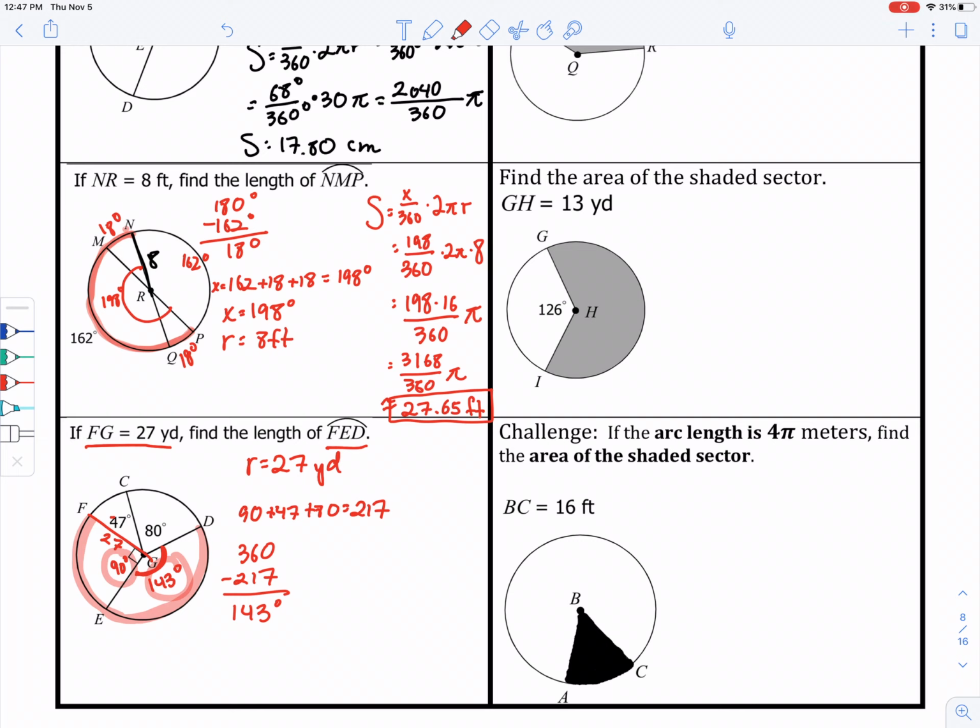So let's find the x value we're going to use. X is going to equal 90 plus 143. 90 plus 143 gets you 233 degrees. So the x value we will use in our formula is 233 degrees.